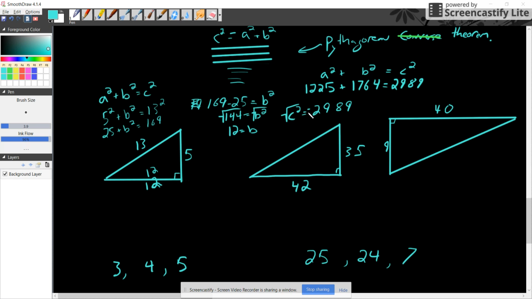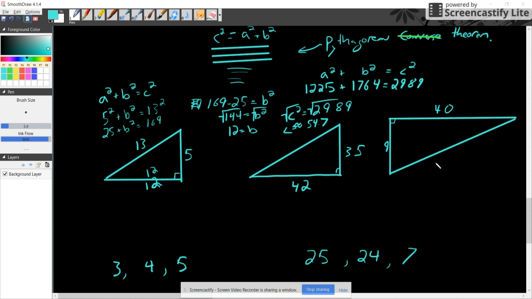Well, it's the square root of c squared. So c is equal to the square root of all this, which is roughly 54.7.